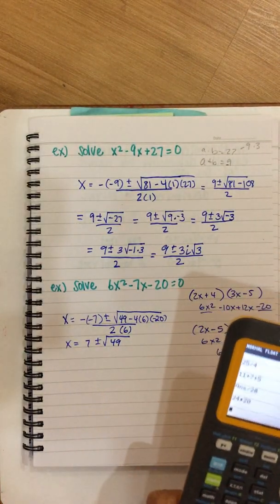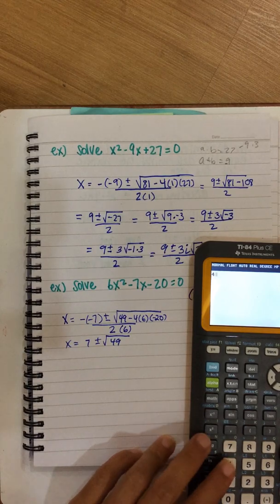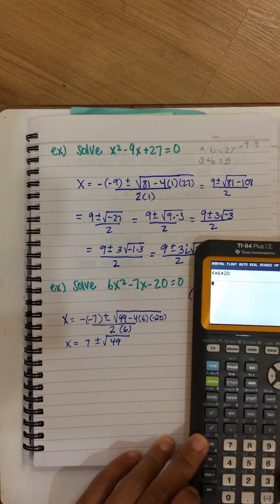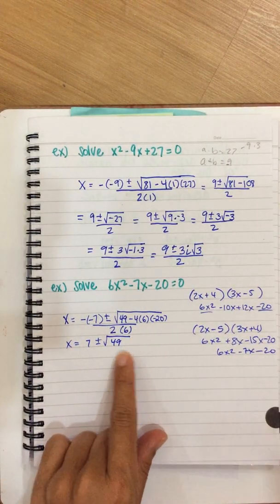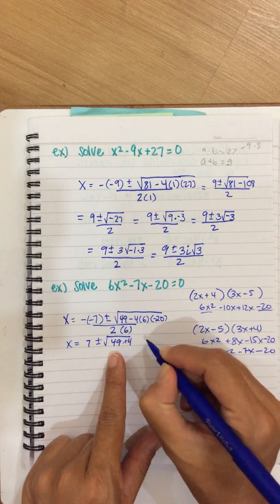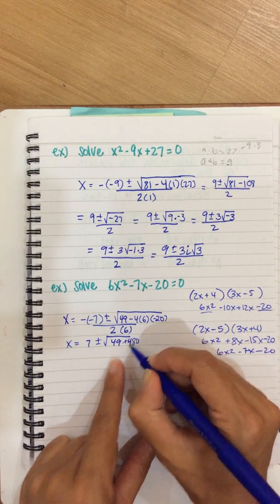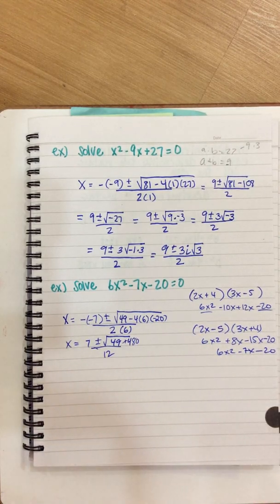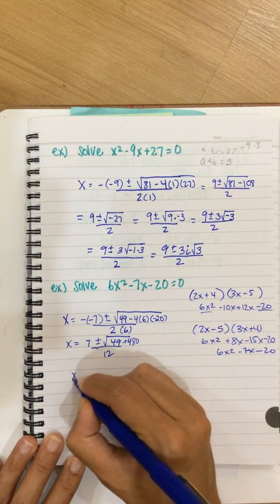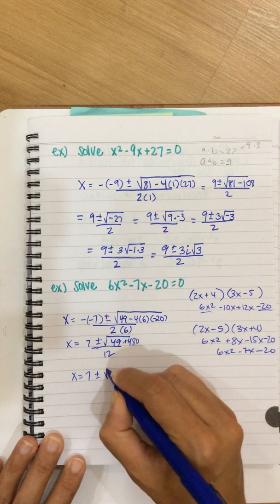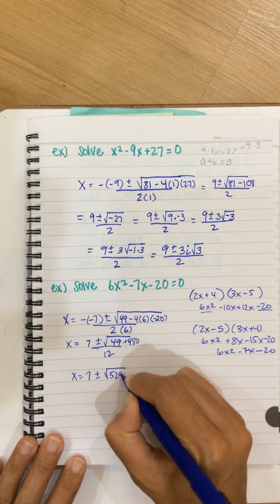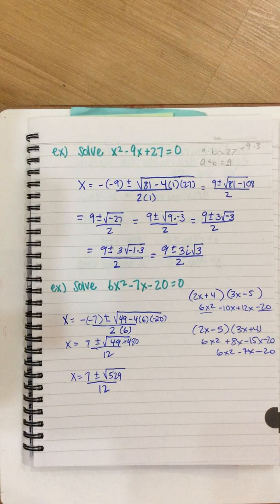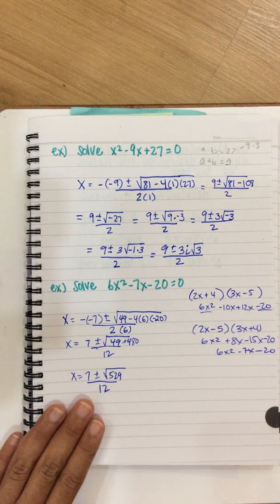Is that right? Let me see. 4 times 6 times 20, 480, and then it's positive 480, right? All over 12. And then plus 49 becomes 529. Okay, so those are my two answers, right?